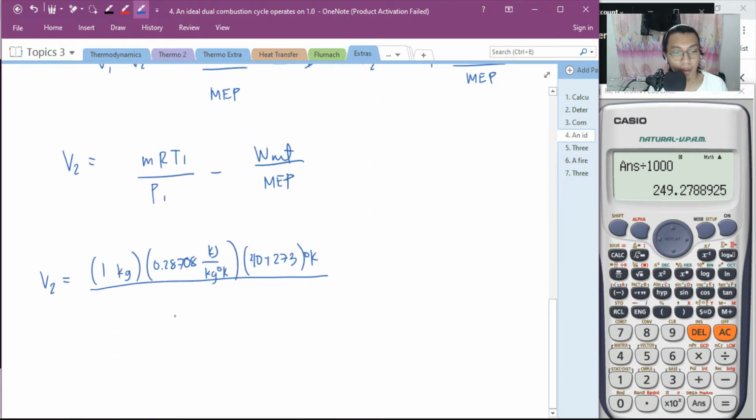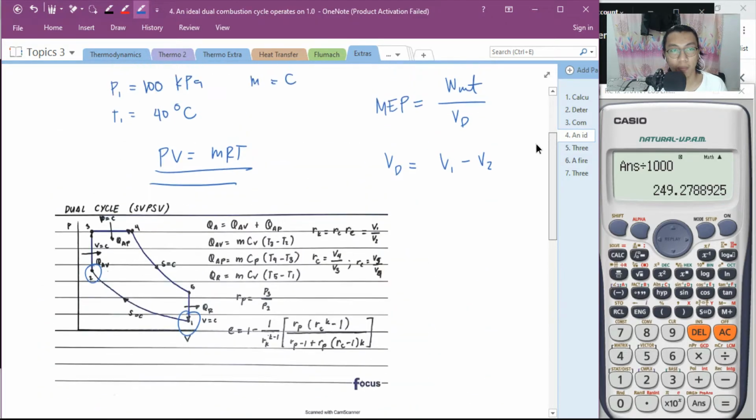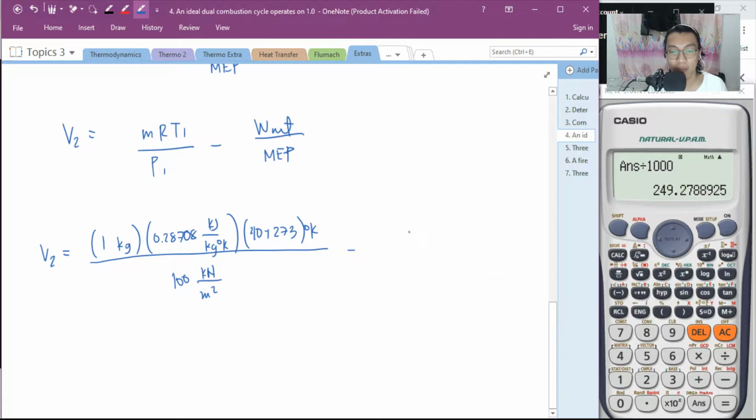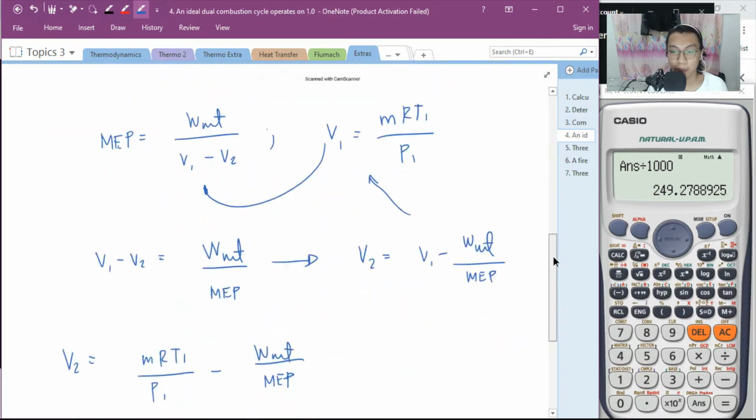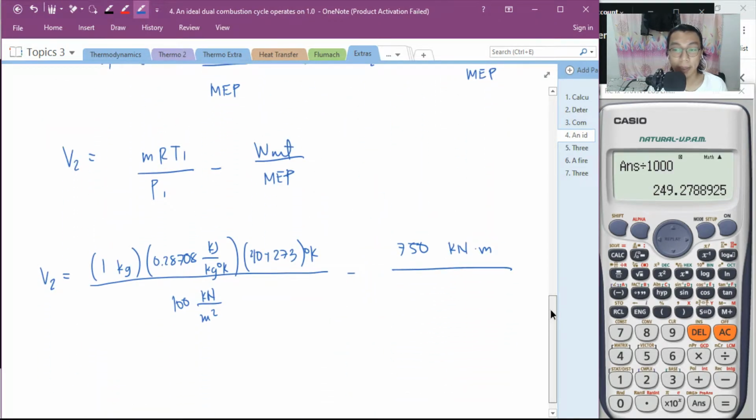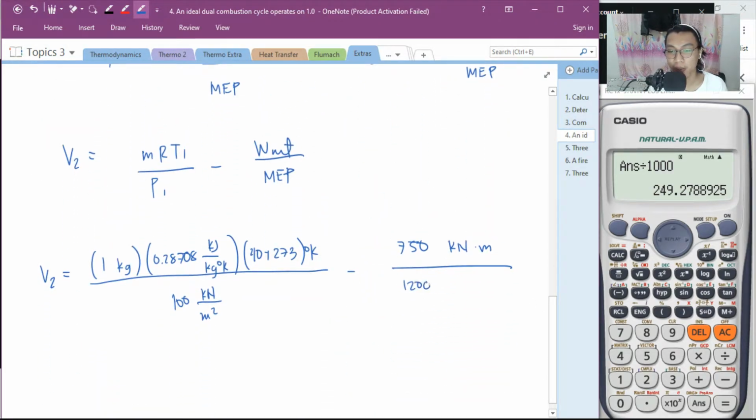Yes, 100 kilonewton per meter squared. Ang lalabas dito is meter cube. Minus work net. The work net is kilojoule, 750 kilonewton meter. Divided by MEP. What is MEP there? 1.2 MPa. Gawin nating kPa. So that is 1,200 kilonewton per meter squared.